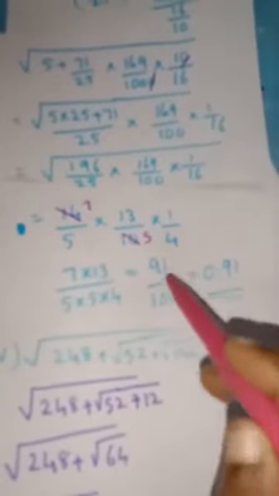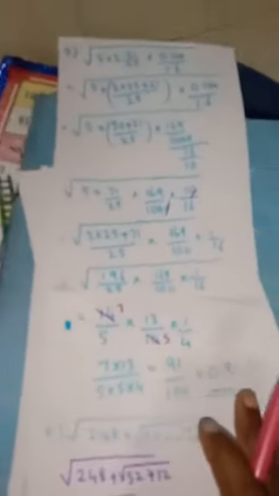Which is equal to 7 into 13 into 1, in the denominator 5 into 5 into 4. 7 into 13 is 91. 5 into 5, 25, 25 into 4, 100. That is 91 by 100, equal to 0.91. Got it?